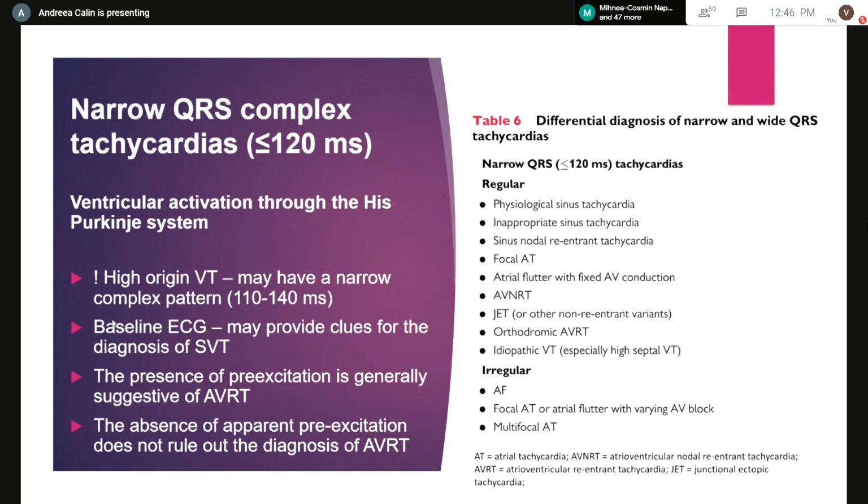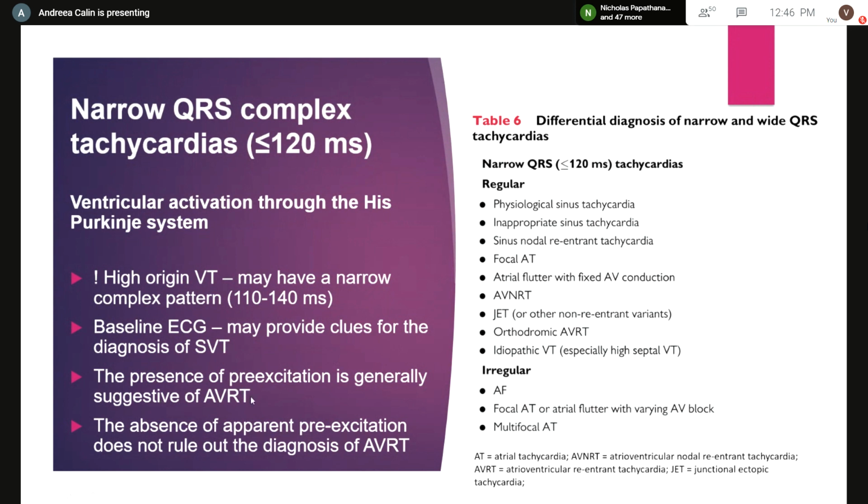The baseline ECG may provide clues for the diagnosis of supraventricular tachycardia, but not in all cases. The presence of pre-excitation on the baseline ECG, apart from the crisis, is generally suggestive of atrioventricular reentrant tachycardia using this accessory pathway.